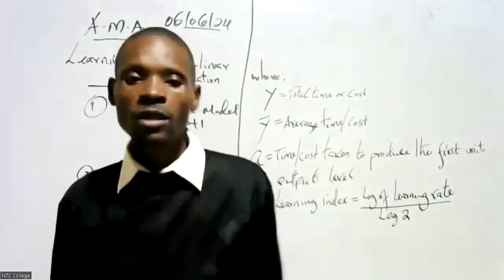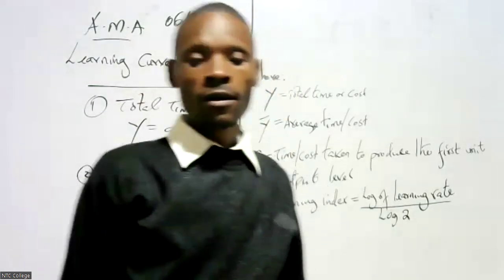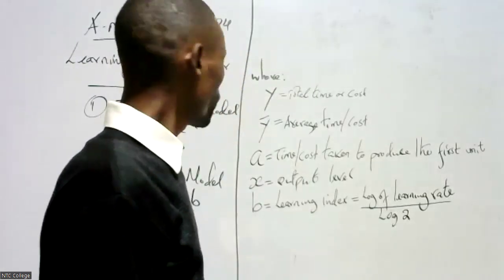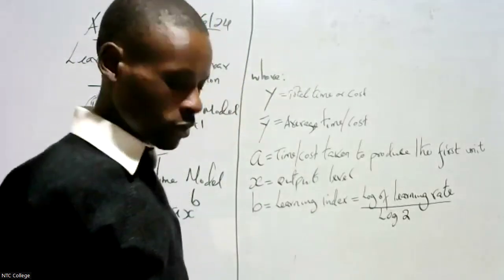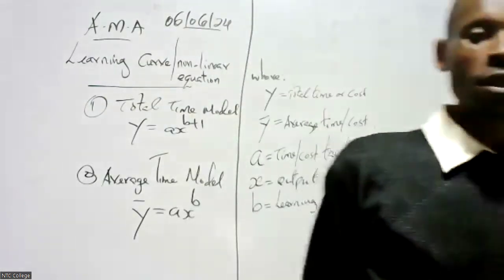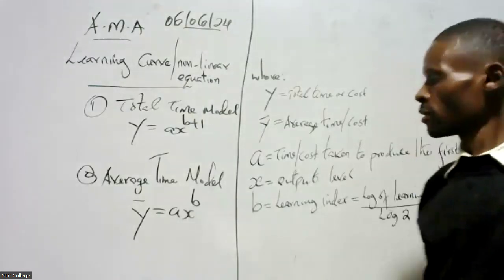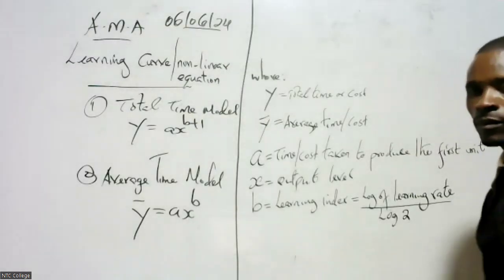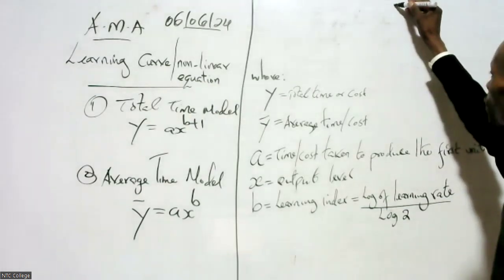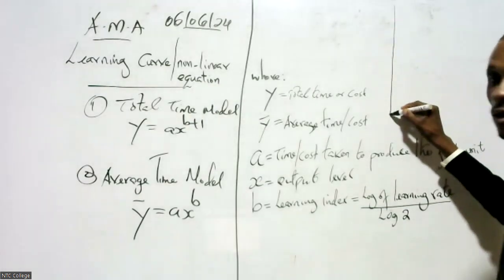All right. So that is the concept of learning rate. And at that point, you can be told sometimes to use a graph to explain the concept of learning rate. So I can give an explanation here.